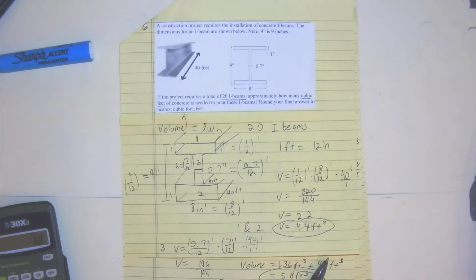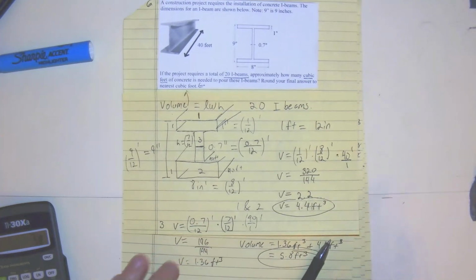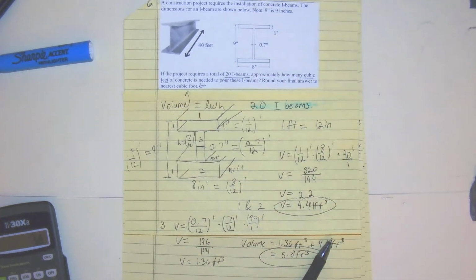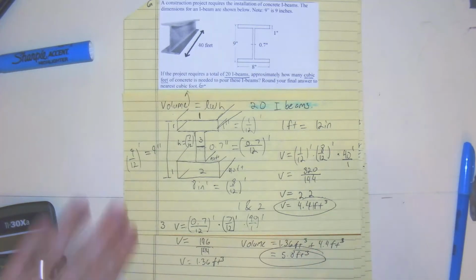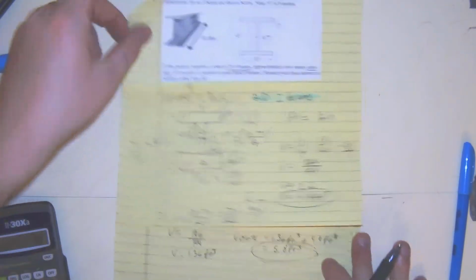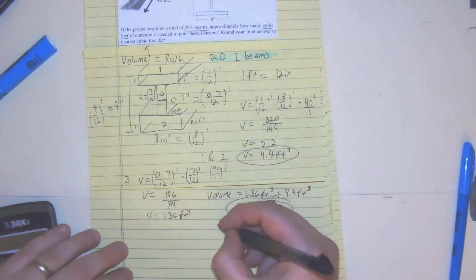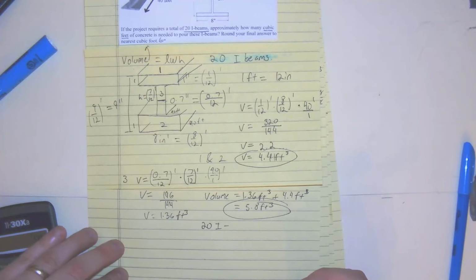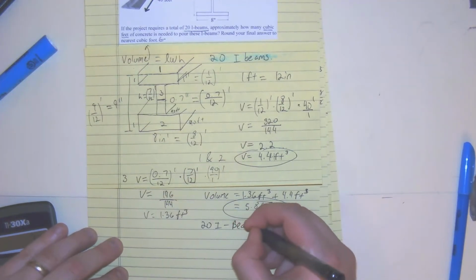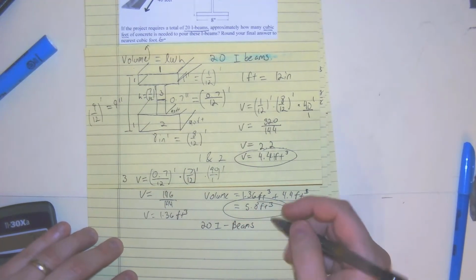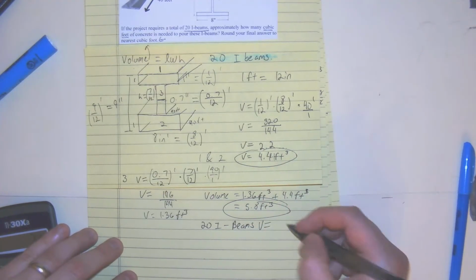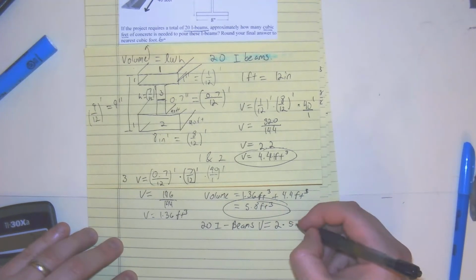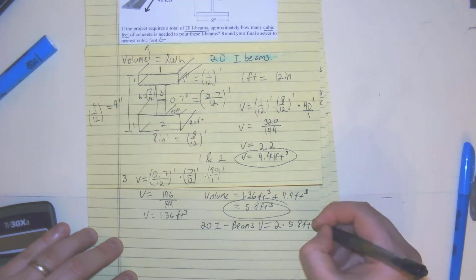If we recall at the beginning, they want 20 I-beams. So all you do for this part is just multiply the volume by 20. So 20 I-beams, the volume is equal to 20 times 5.8 feet cubed.